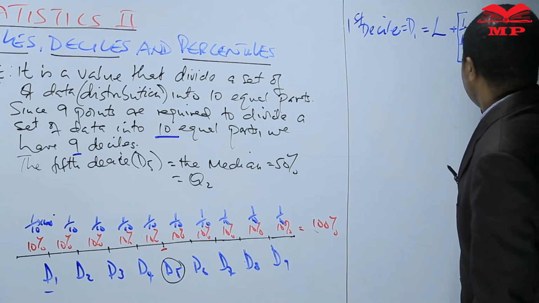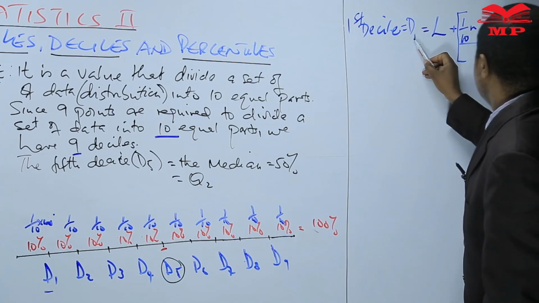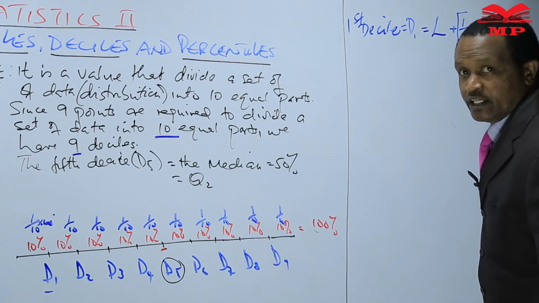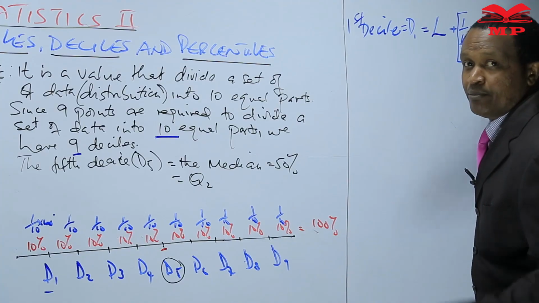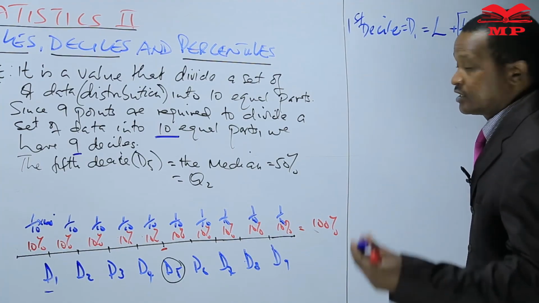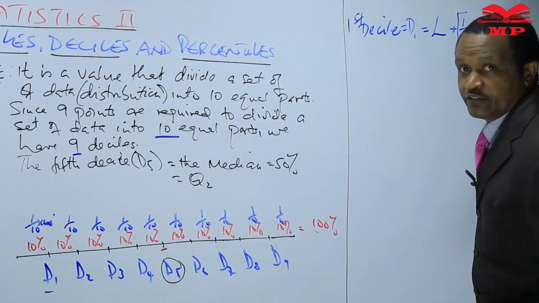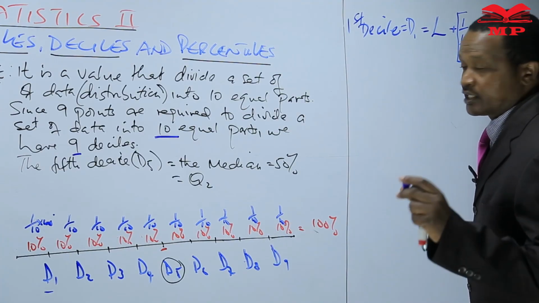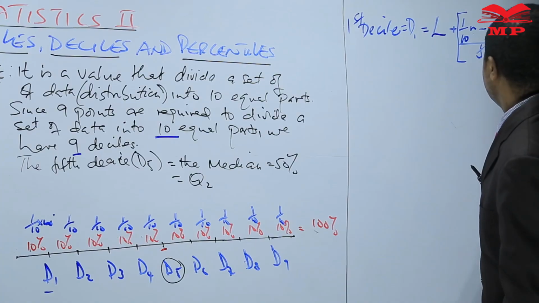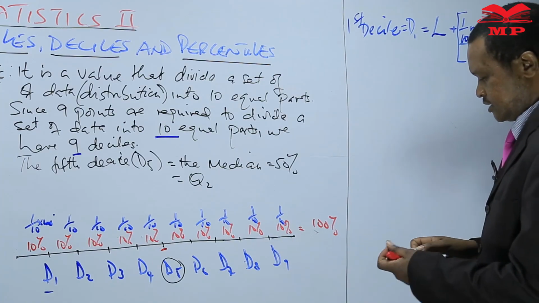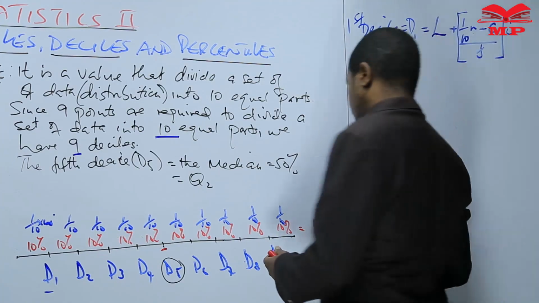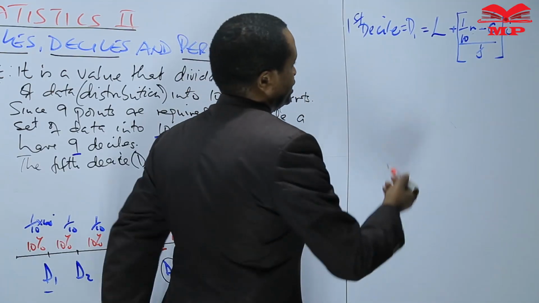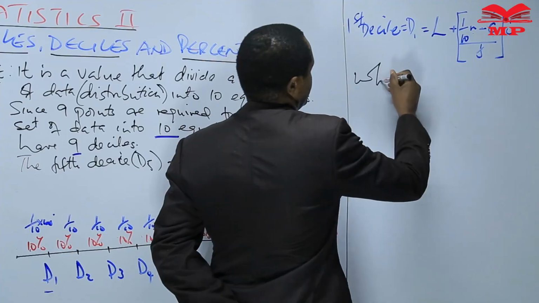This 1 is for the first decile. N is the total frequency. C is the cumulative frequency above the first decile class. F is the frequency of the decile class, and i is the class interval of the decile class.